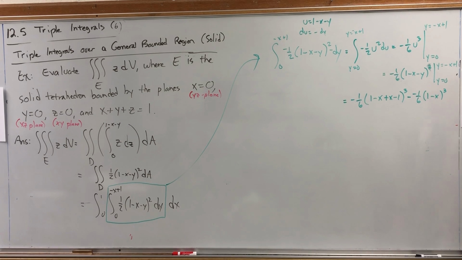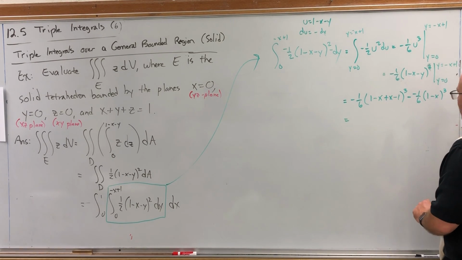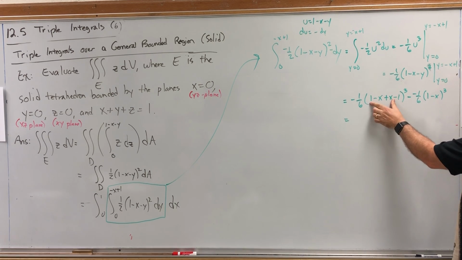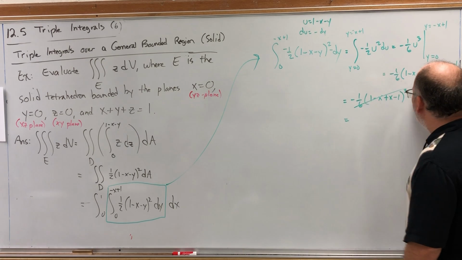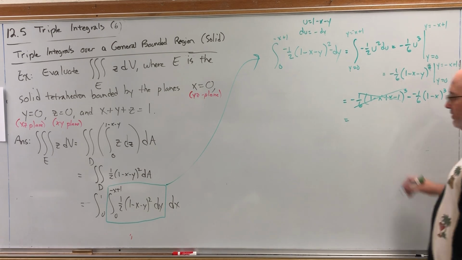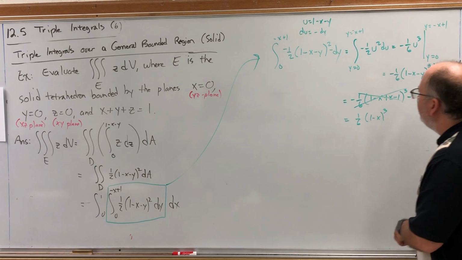And now we need to clean this mess up. Luckily, inside the first parentheses, the x's cancel. Wait a minute, not only do the x's cancel, the 1's cancel. This is 0. The whole front chunk disappears. Goodbye. Not the same over here, but it's not that bad. Only issue is I got a double negative, so it becomes a positive. 1/6, 1 minus x to the third power.